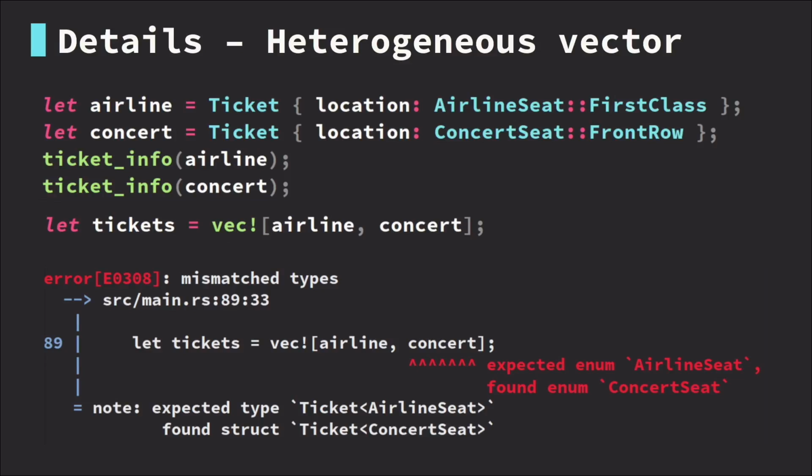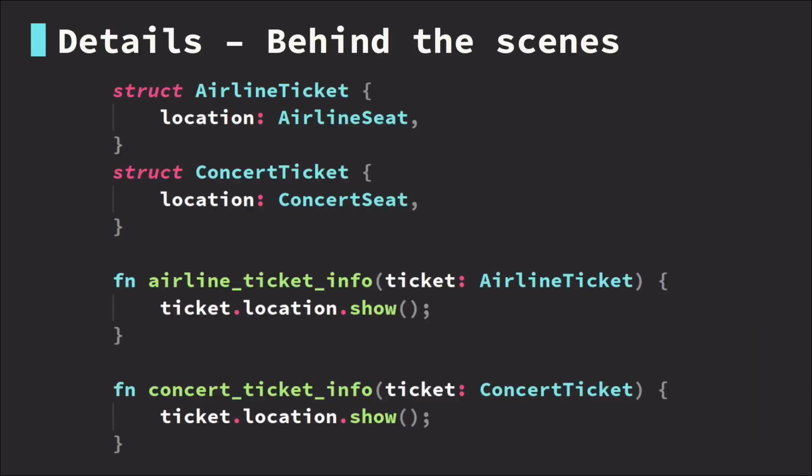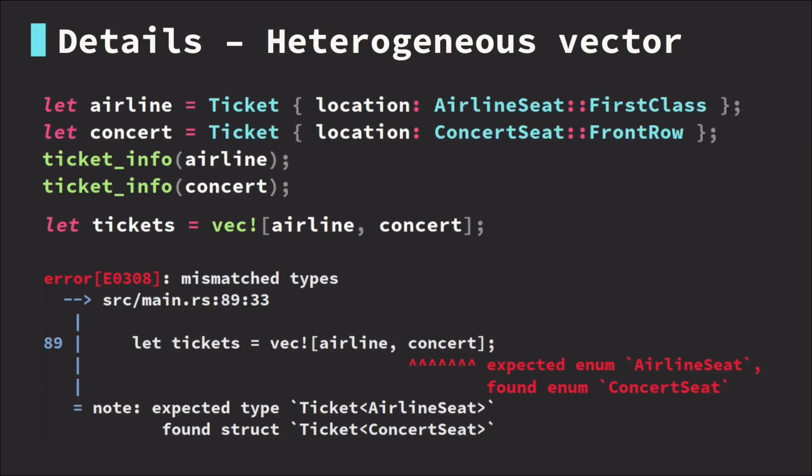However, if we do place them into a vector, we will get this error as seen here, and it indicates that we have a mismatched type. This is because the generic structure is actually multiple different non-generic structures. As we see here in the previous slide, we have two completely separate structures. And we cannot place two different types into the same vector using this technique.